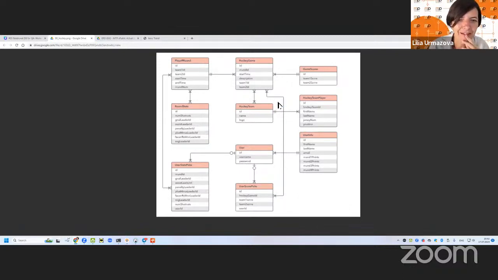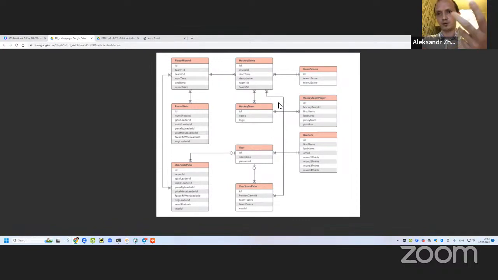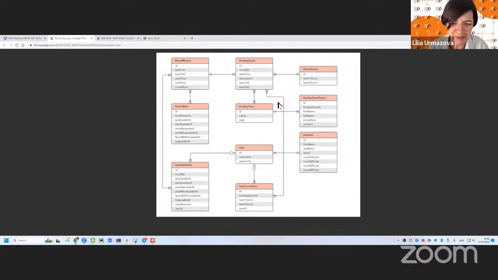Go ahead. No, I think there are 2 foreign keys from the one. Yes, we can hear you, and you are thinking in the right direction. Please go ahead.